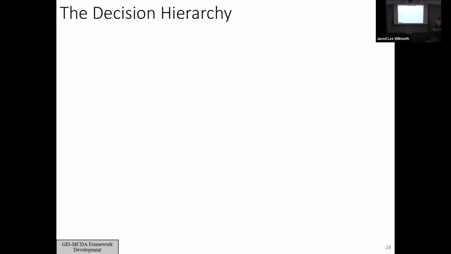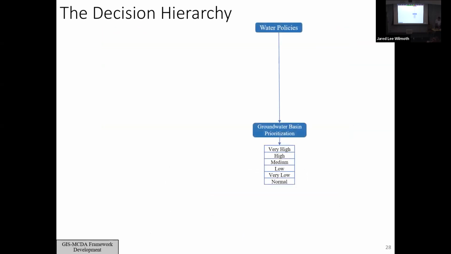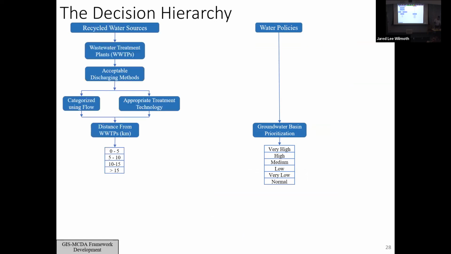Talking about those drivers, now let's talk about the decision support systems that we had developed. Same process, but different decision criteria. So we looked at water policies, but we don't have a groundwater basin prioritization map in Maryland. We developed one based on the number of wells and the amount of water that is being pumped. So this is something that we developed for this project.